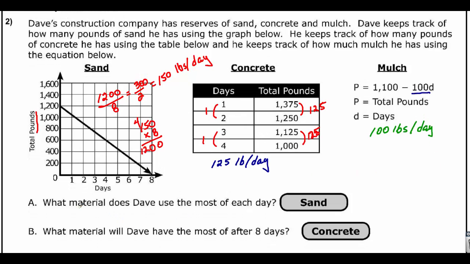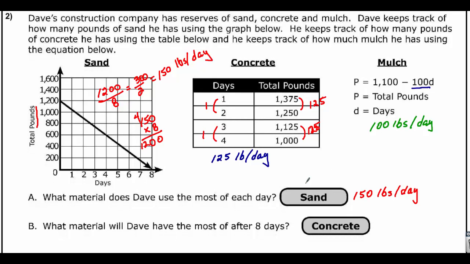Now we can answer the questions. What material does he use most of? Sand. He's using sand the fastest because the sand was 150 pounds per day as opposed to 125 or 100. What material, gotta scroll a little bit, what material will Dave have the most of after 8 days?